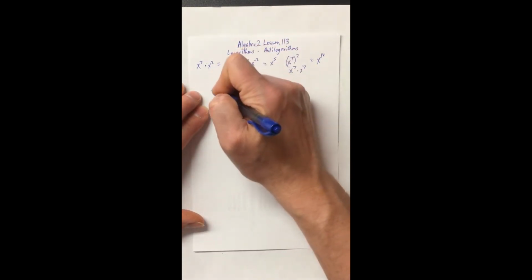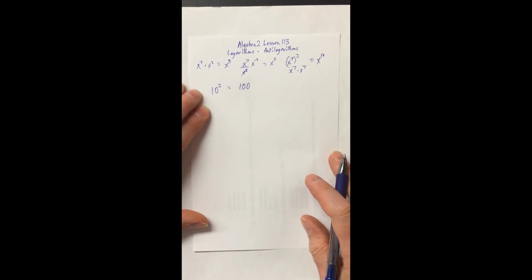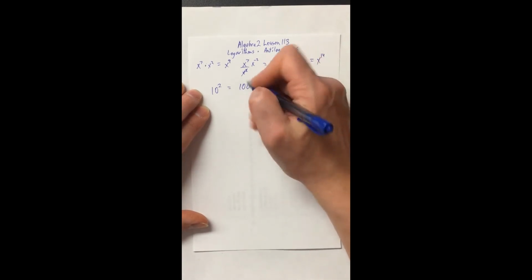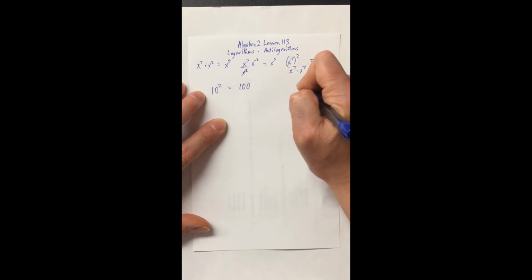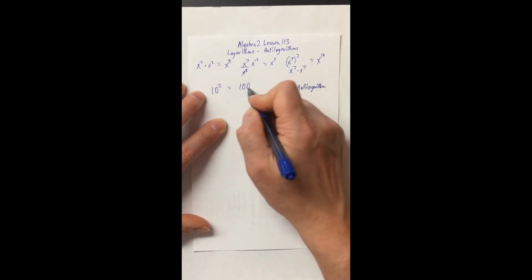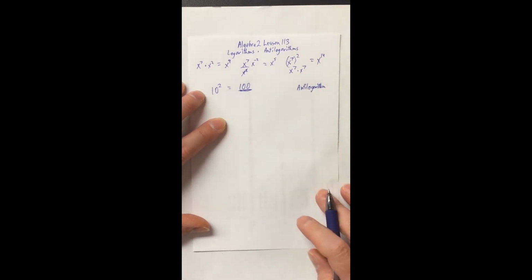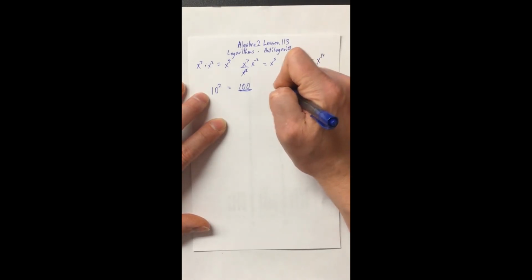If we take 10 squared, right, that's equal to 100. The 100 part is our anti-logarithm. Okay, so our anti-logarithm is equal to just this number here, okay? And our logarithm is equal to our exponent.